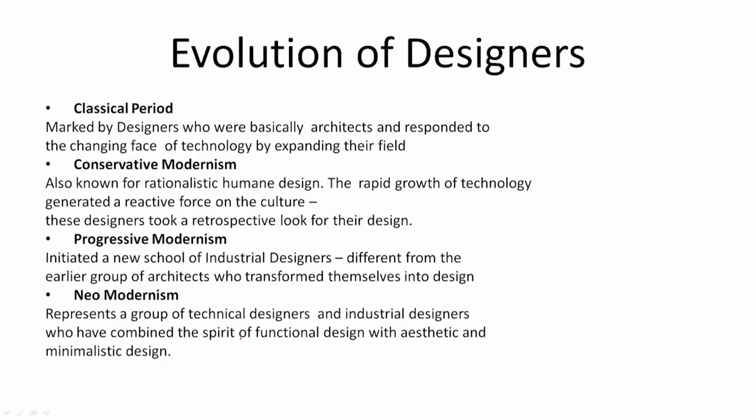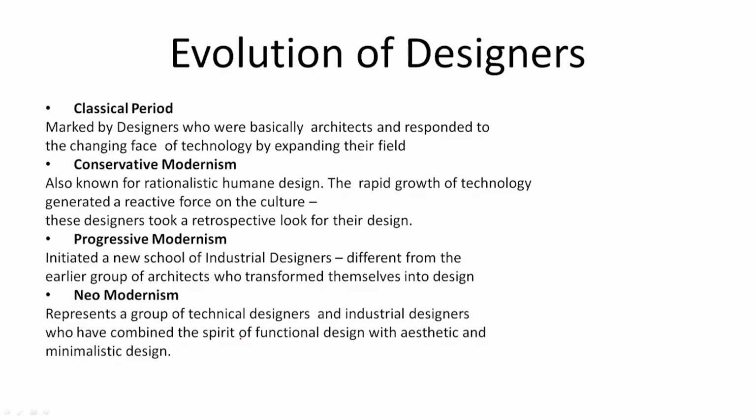and it is initiated by a new school of industrial designers such as Bauhaus in Germany, and it is different from the earlier group of architects who transformed themselves into designers. It is no longer architects thinking about design, but designers thinking about design.